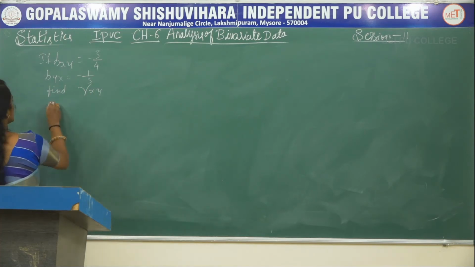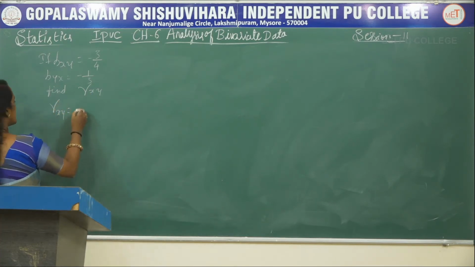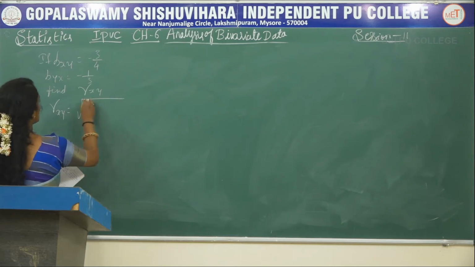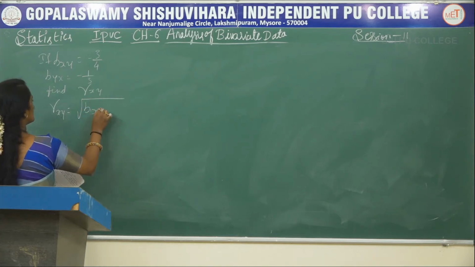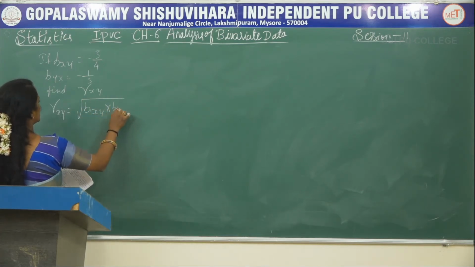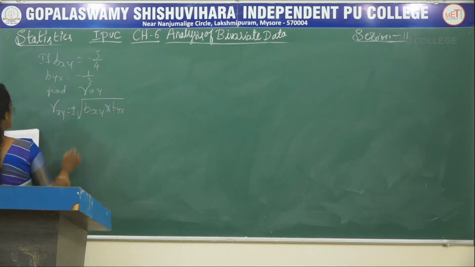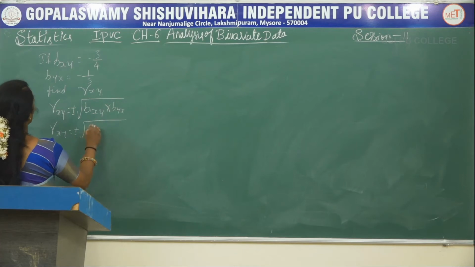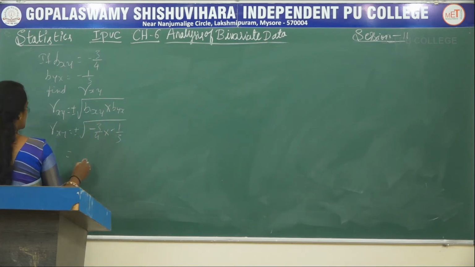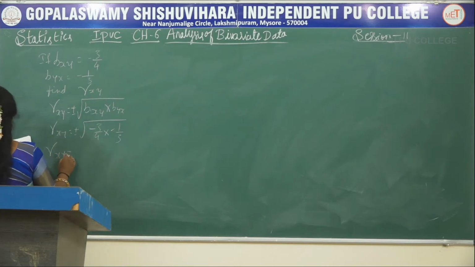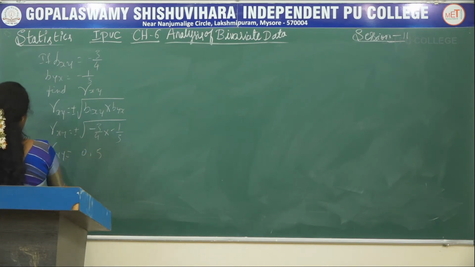So we have a relation: r of xy is square root of B of xy into B of yx. So plus or minus square root of minus 3 by 4 into minus 1 by 3, this is 0.5.